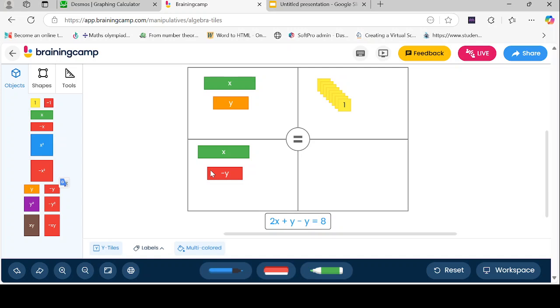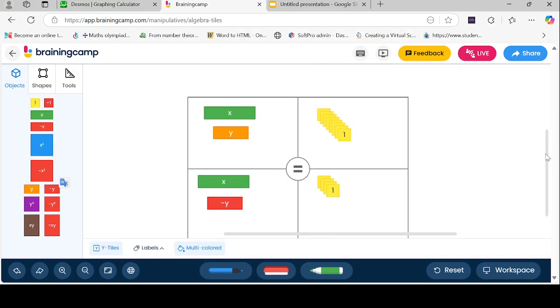Okay, let me ask Joseph. Joseph, what do you think we are going to do? Yes, that's correct. So we have to move 4. So we'll create 4 more pairs, right? So this is 1. So we'll copy 2, 3, and 4. Okay, so now we have our two system of equation. The first equation is x plus y is equal to 8, while the second equation is x minus y is equal to 4.